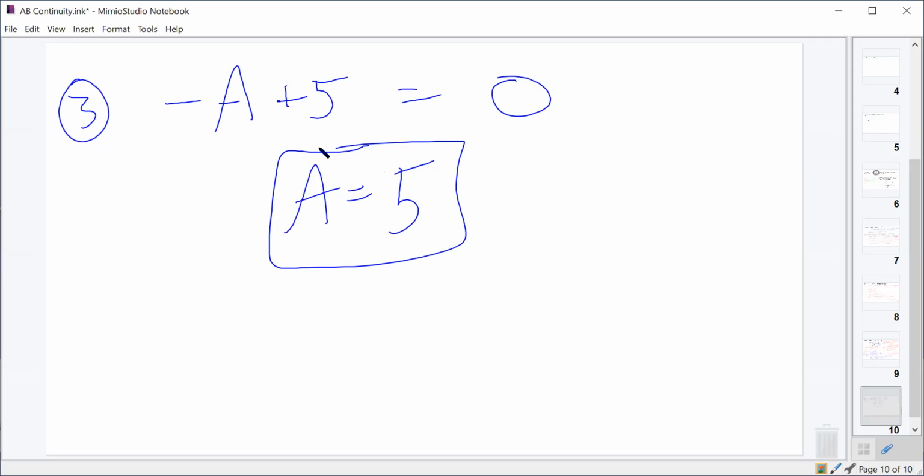Exactly. So if a is 5, that fills in the gap. That makes this function continuous for all real numbers. It makes it continuous at -1, and we already knew that it was continuous everywhere but -1. Good or no? Good. All right, awesome.